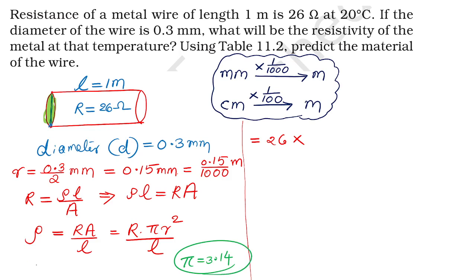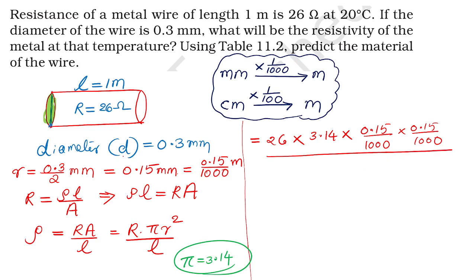So pi is 3.14. r² is 0.15 by 1000 into 0.15 by 1000, all divided by L. L is 1 meter.